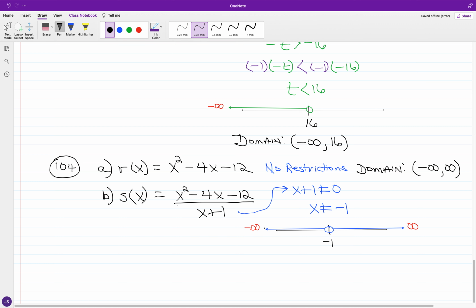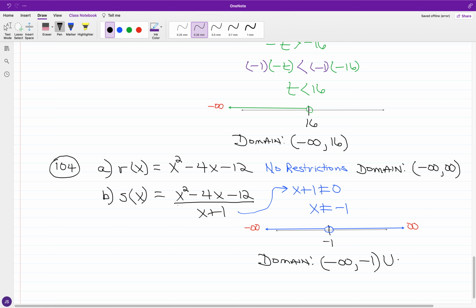So for the domain, you have one exclusion, and from this exclusion, we're going to have two separate interval sections. For those values on the lower end, we have between negative infinity and, but not including, -1, so you have parentheses.